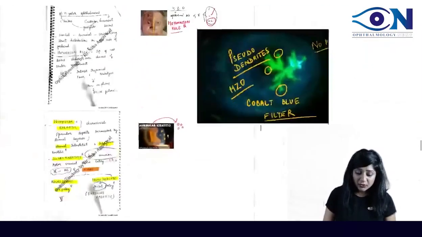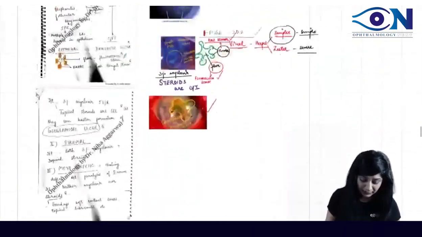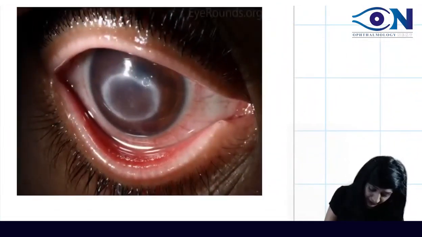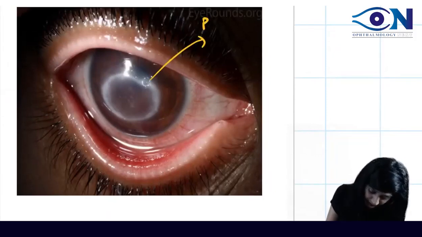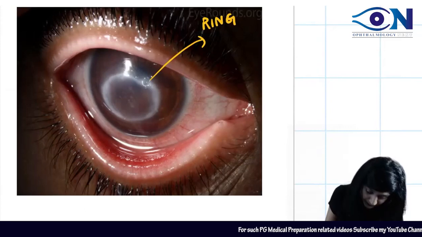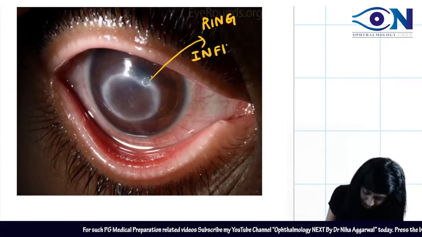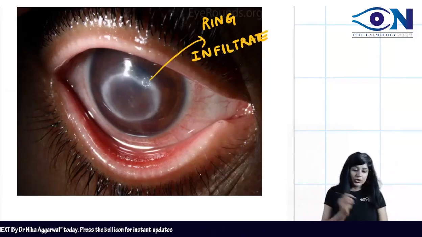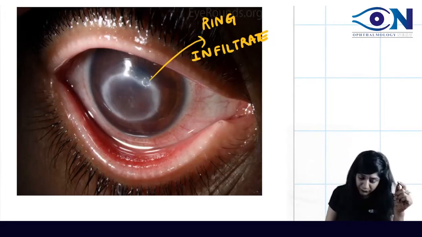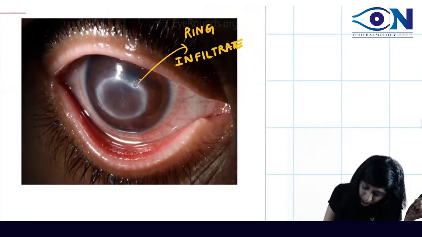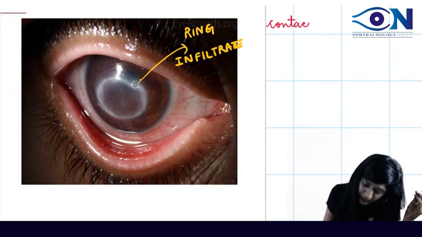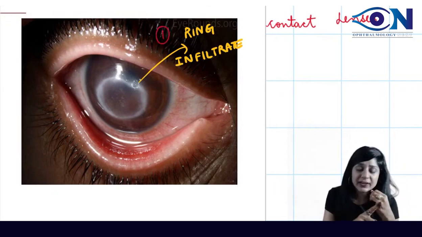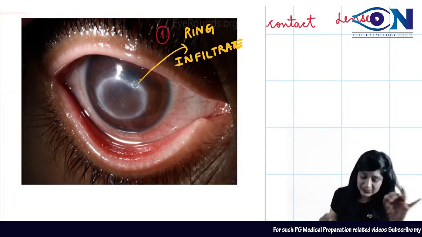Okay. Now, if you talk about Acanthamoeba, the fourth kind of ulcer, you get the typical ring infiltrate. If you are getting this typical ring infiltrate, especially in a person using contact lenses, so first of all, ring infiltrate with a history of contact lens use.